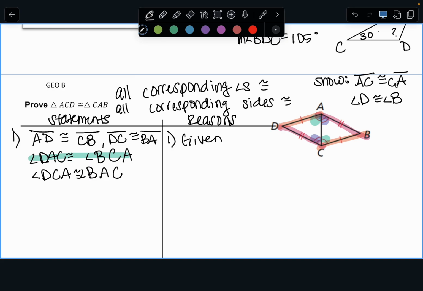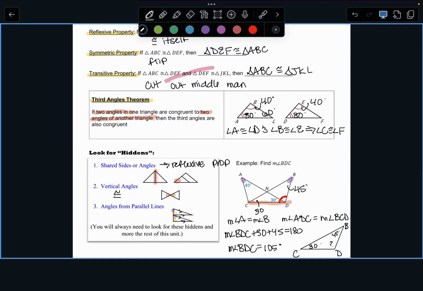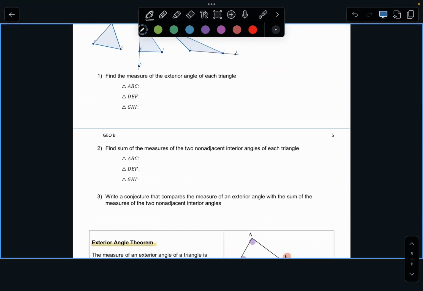Okay? So let's look at the angles first. We need a reasoning for angle D being congruent to angle B. Let's look back at some of our theorems here. Let's just start up at the top.